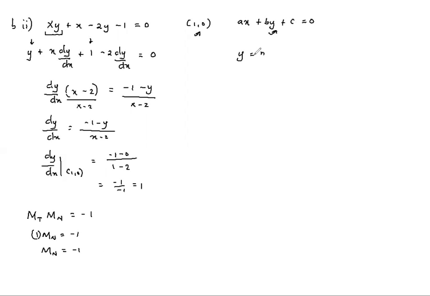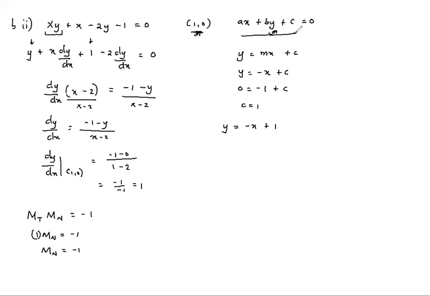y is equal to mx plus c. What is m? m is negative 1. Now we're looking for c. Using the very point, when y is 0, x is 1, what will be c? c is going to be 1, meaning that we can now write our equation as y is equal to negative x plus 1, which is c.